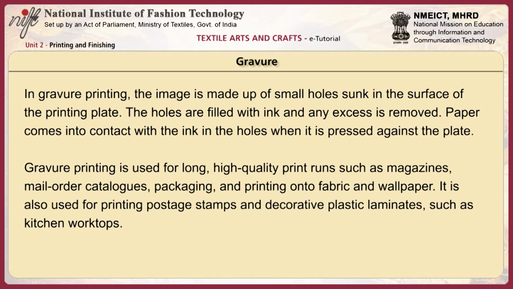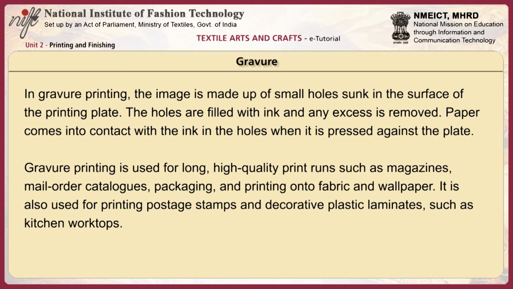Gravure. In gravure printing, the image is made up of small holes sunk in the surface of the printing plate. The holes are filled with ink and any excess is removed. Paper comes into contact with the ink in the holes when it is pressed against the plate.